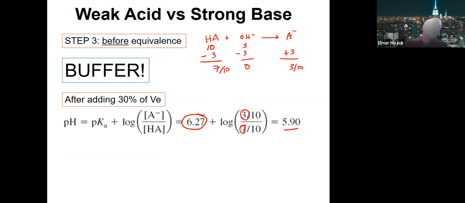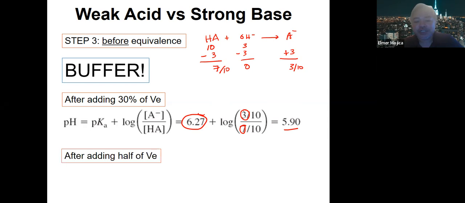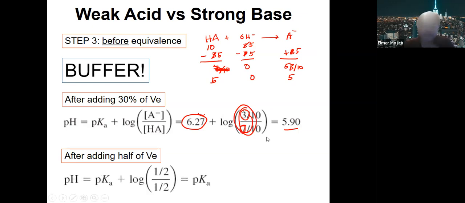Now, there's a special case here, wherein what if you add 50% of your equivalence point? So 50% is 5. You add 5 here, you utilize 5. So what do you form here? You form 5, still 0. But this one, you have 5. So your numbers here will now be equal. 5 over 10 over 5 over 10, or 1/2 over 1/2.